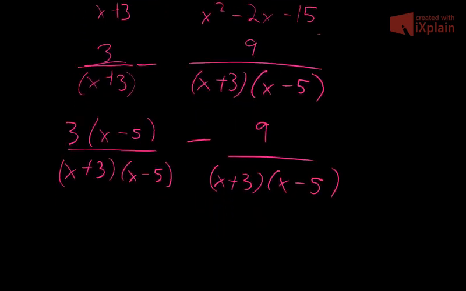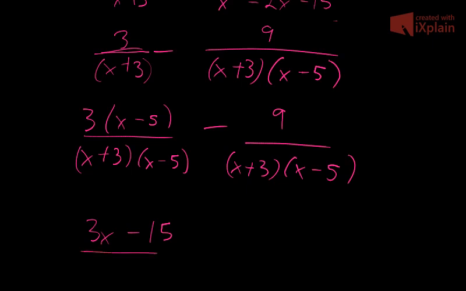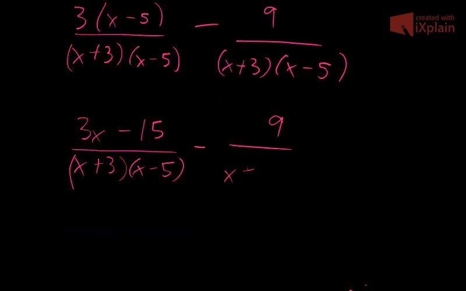Awesome, looking good. So I'm going to expand the top here, and I'll get 3x minus 15. And I know I'm going to end up with that over my (x plus 3)(x minus 5). And I'm subtracting 9 over (x plus 3)(x minus 5).